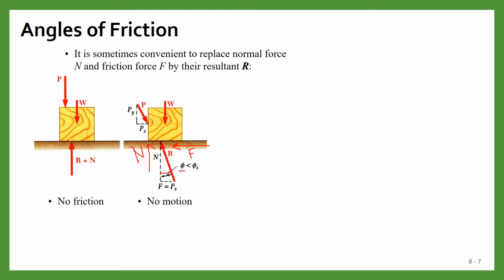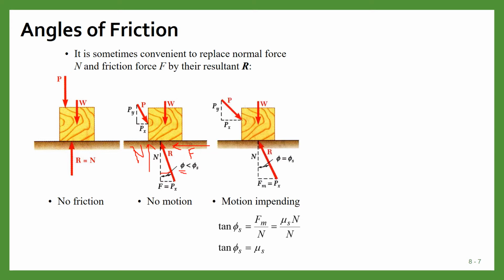This angle is phi. Similarly, in the third case, when the motion is impending, again we can find the resultant R, and in that case we call this phi equal to phi s, which is the angle of static friction.